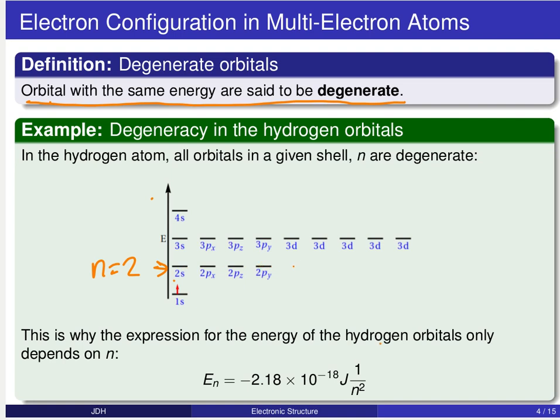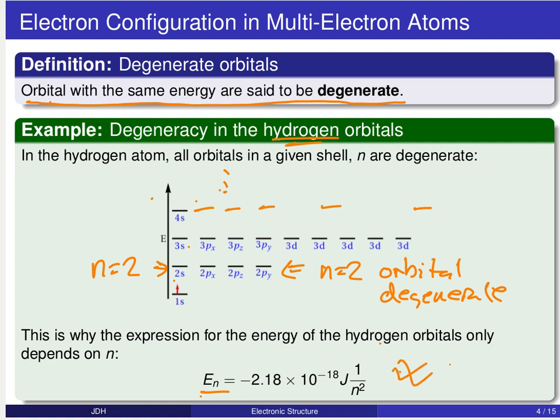So we say that all of those n equals 2 orbitals are in fact degenerate. And the same thing holds for n equals 3, and so on and so forth. So if we started populating the list and went higher and higher, for hydrogen, just for hydrogen, the energy of these orbitals only depends on n, and we saw a nice little equation for that.